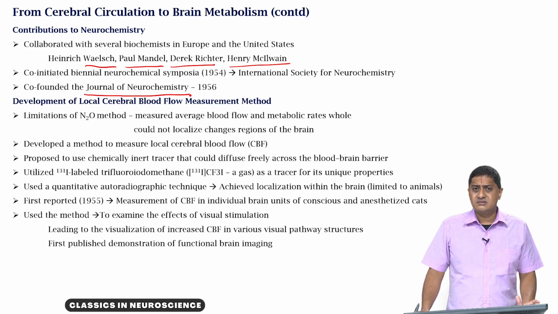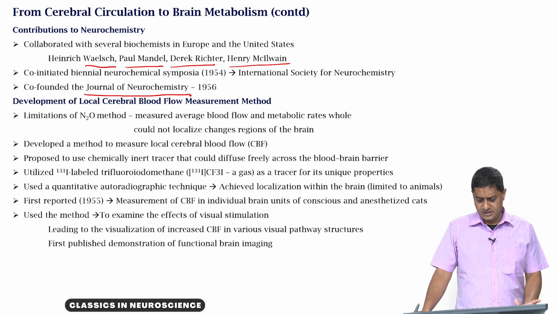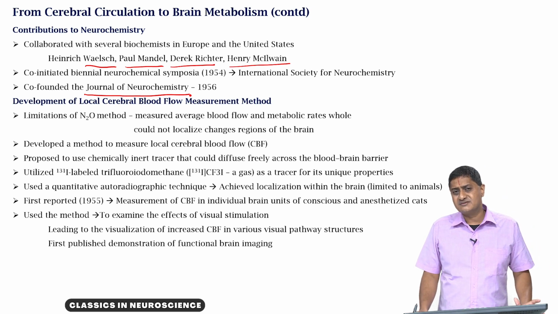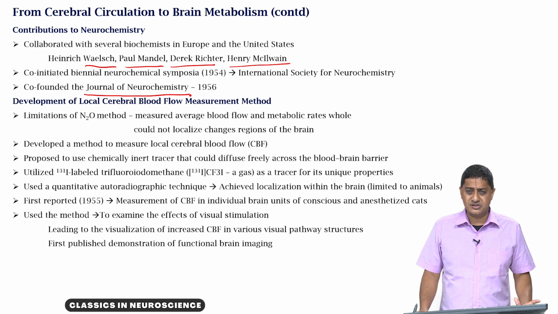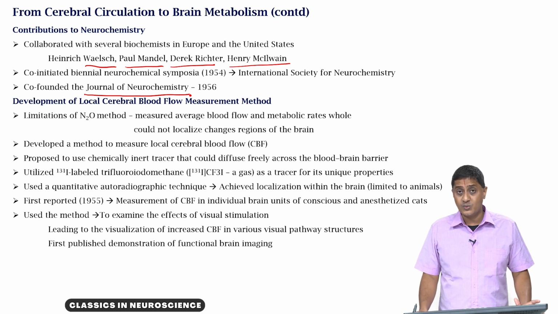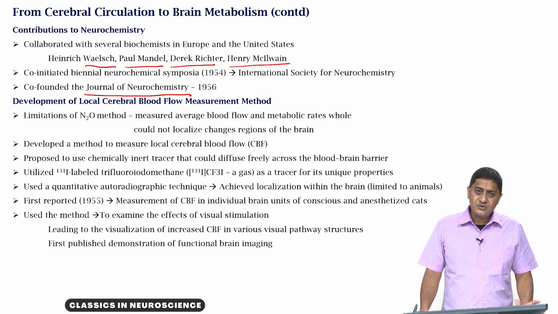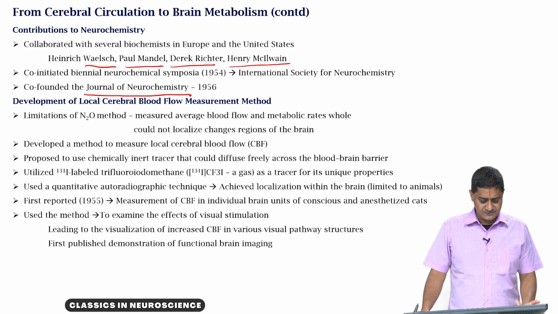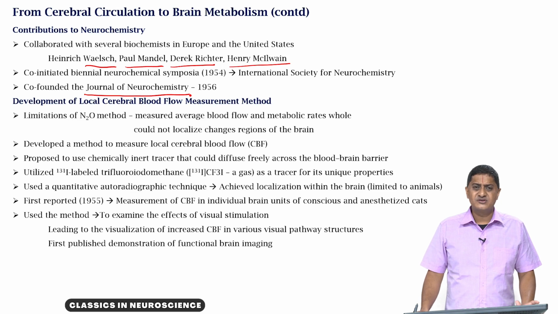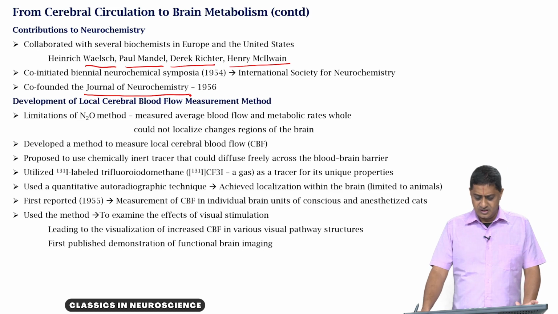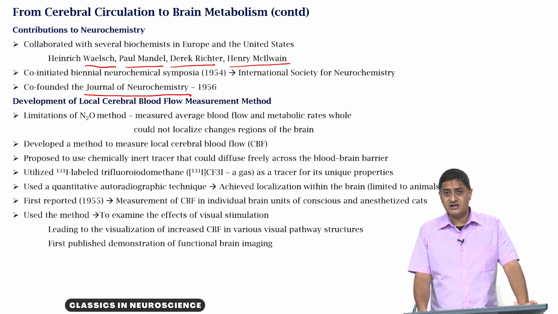This was then developed as a quantitative autoradiographic technique that essentially achieved localization within the brain, but of course its use was limited to animals. This was first reported in 1955, measuring cerebral blood flow in individual brain units of conscious and anesthetized cats.